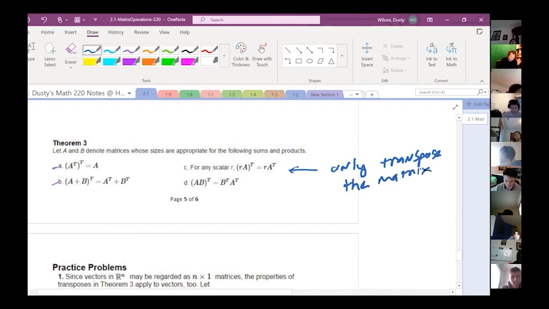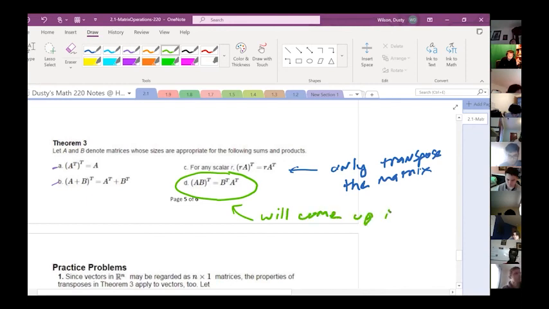And the one here you have to be a little bit careful with is this last one. So notice that the order changes. If you have a product, (A times B) transpose would be the same as B transpose times A transpose. And this is going to be important later. This will come up in chapter 6, at which point all of you will have already forgotten that we talked about this.